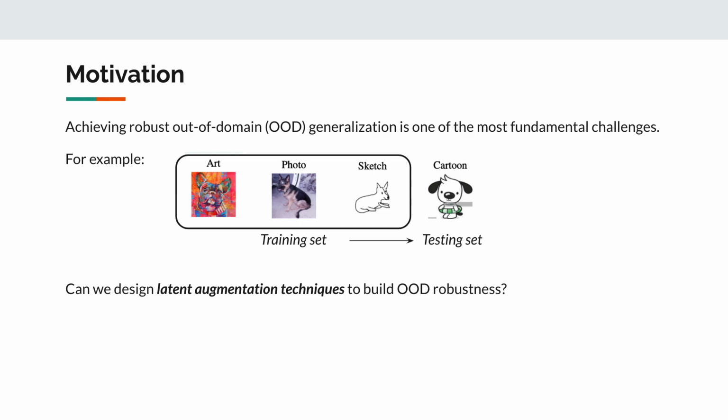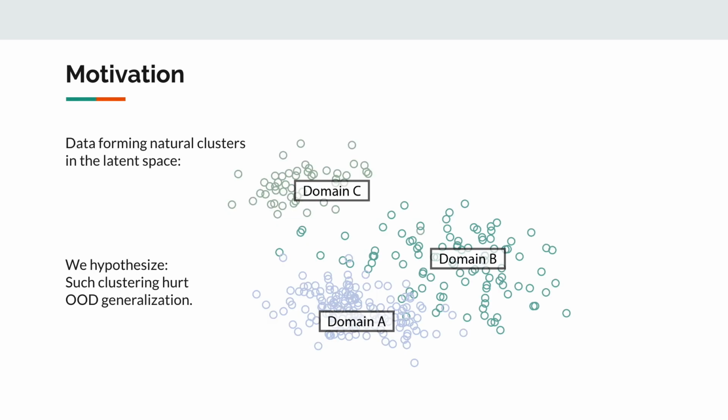While in this work, we focus on and investigate the following problem: can we design latent augmentation techniques to build out-of-distribution robustness? Specifically, can we further increase the diversity of the source data by simply manipulating the existing features in the feature space?